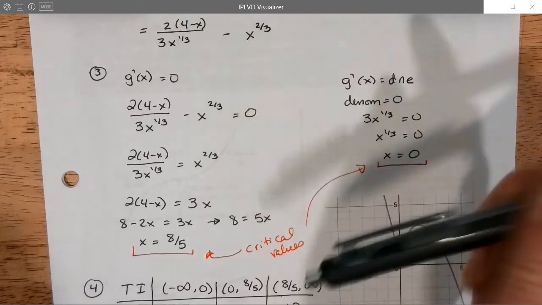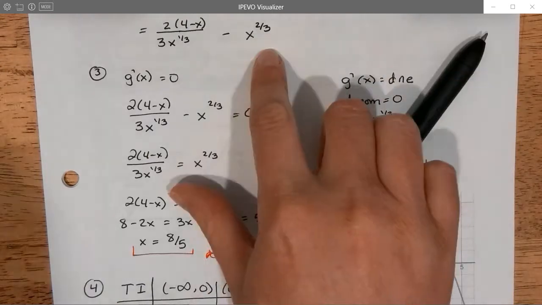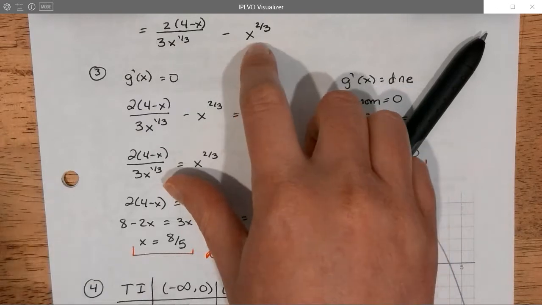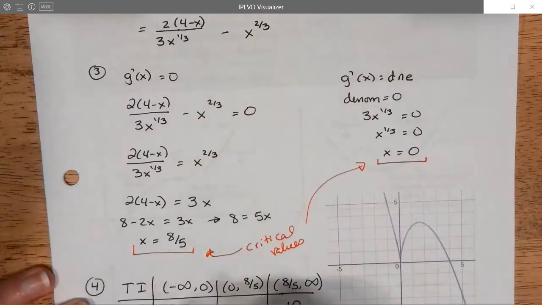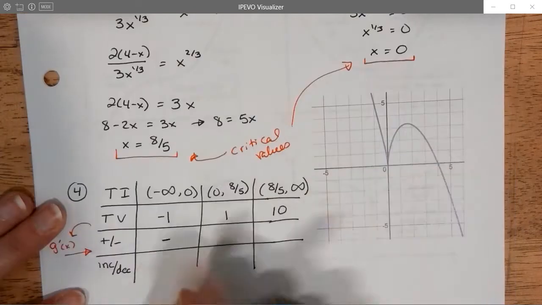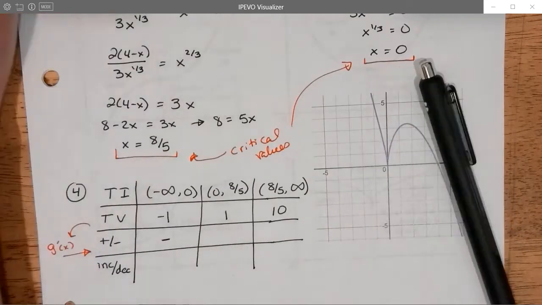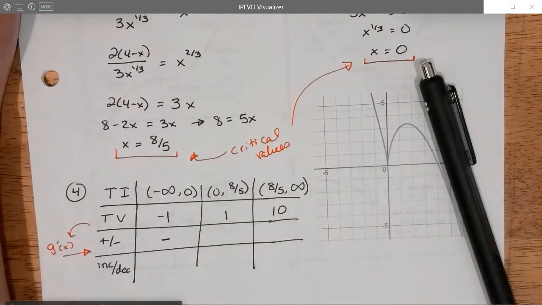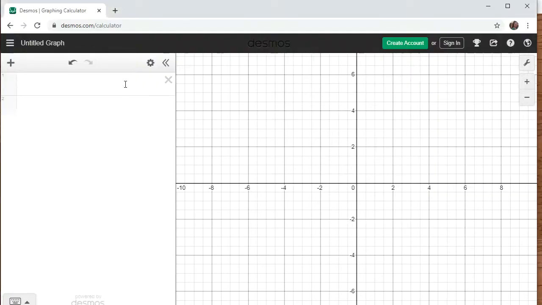Maybe it would help to get an actual value on this, because I'm going to subtract 1. It's going to actually still be negative, but I'll get an actual value just to make this a little bit easier. So I've got my negative. If I go into Desmos, I can do this two ways.